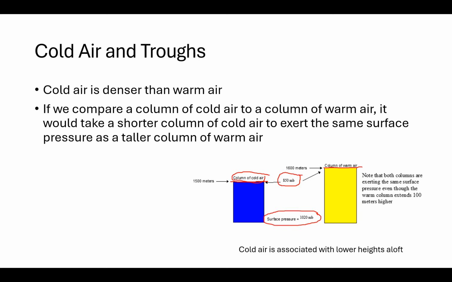But the colder column is shorter because colder air is denser and more compact, so there's less vertical distance for a cold air column, but it still exerts that 1020 millibar surface pressure. The warm air is taller, and it exerts the same 1020 millibar surface pressure, but it takes a much greater vertical volume to produce that.